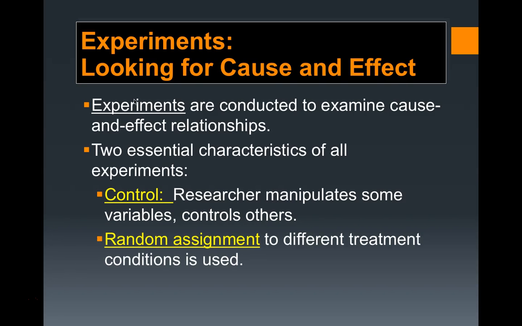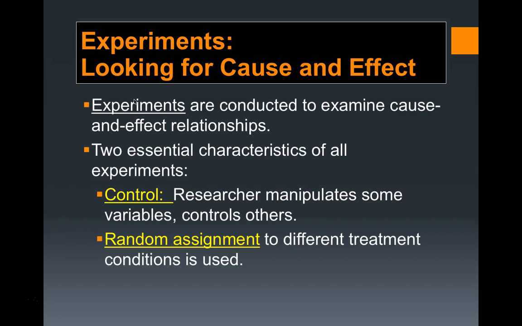And the other essential characteristic of an experiment is random assignment to different treatment conditions. So everybody that's available to be in an experiment has an equal chance of being in either, let's say, the experimental group or what we'll call the control group, the group that gets a lot of the variable or the group that gets a little bit of the variable that's manipulated.